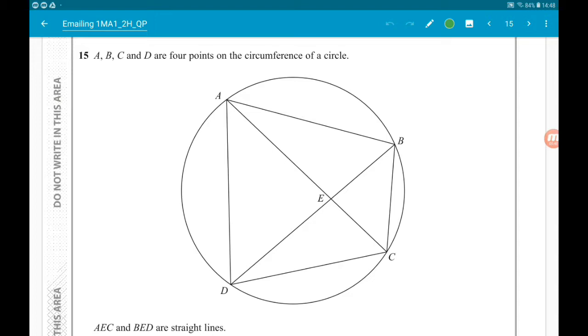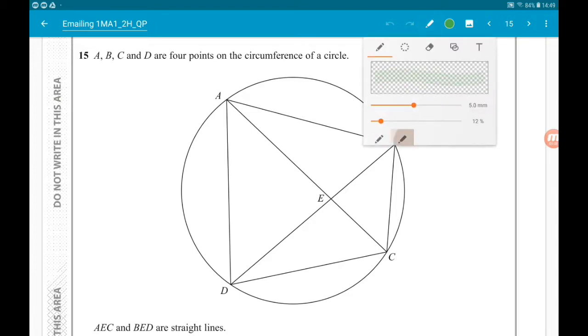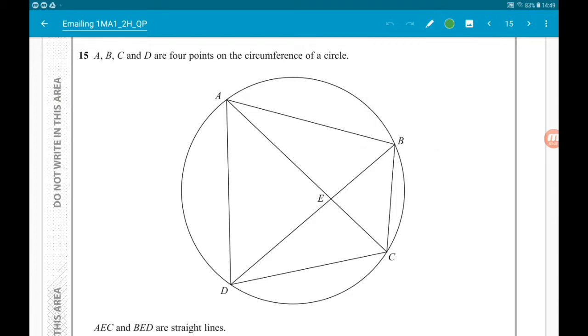Okay, so triangle ABE is the top guy, and triangle DCE is this bottom chap.